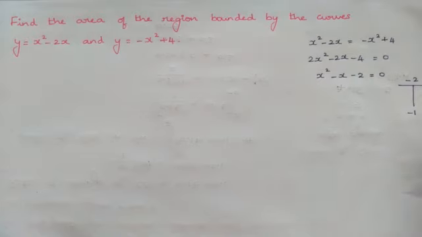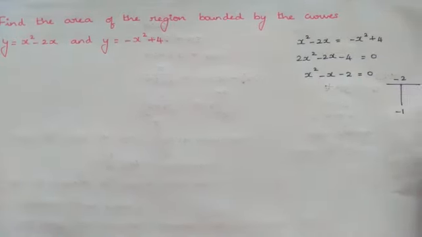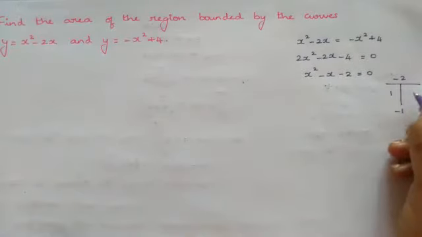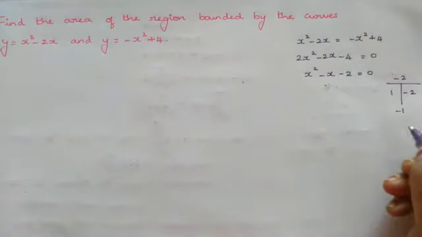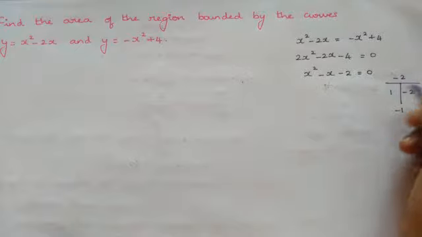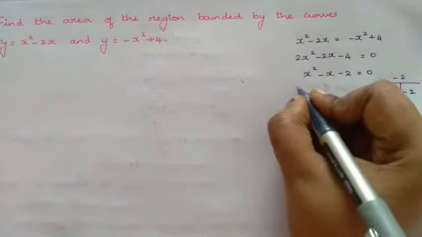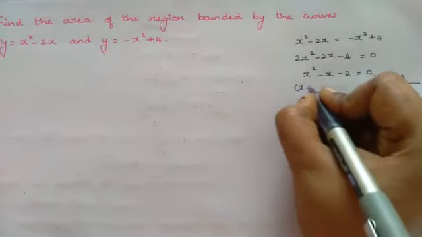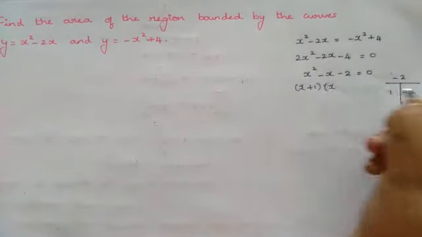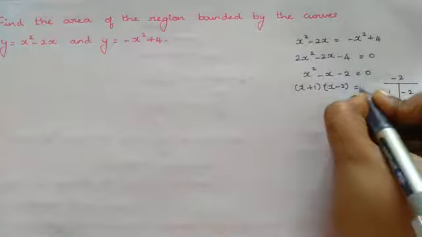We need two numbers whose product is minus 2 and whose sum is minus 1: 1 into minus 2 is minus 2, and 1 plus minus 2 is minus 1. So the factors will be x plus 1 and x minus 2 equal to 0.